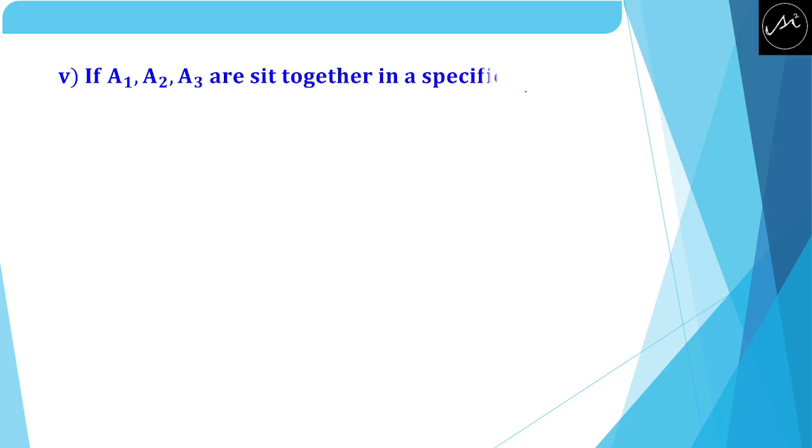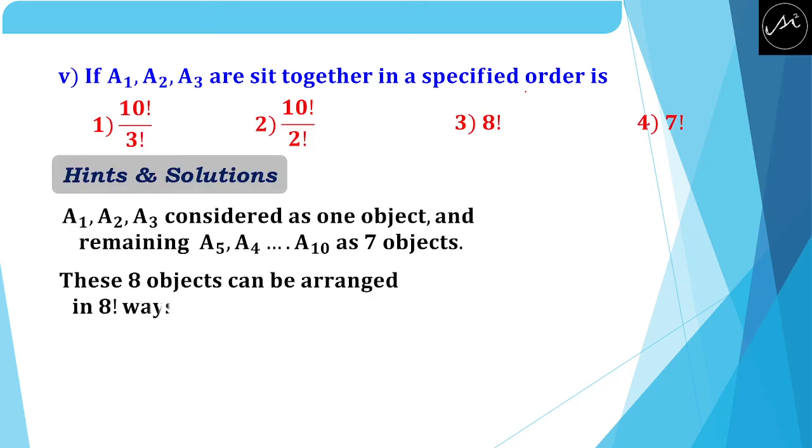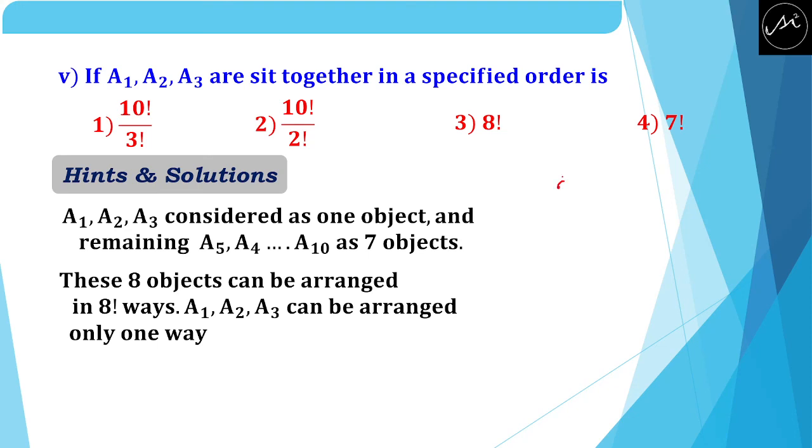The fifth one also you can see: if A1, A2, A3 sit together in a specified order, A1, A2, A3 are considered as one object. Total 10 objects, in that A1, A2, A3 are considered as one object, so the remaining are 7.